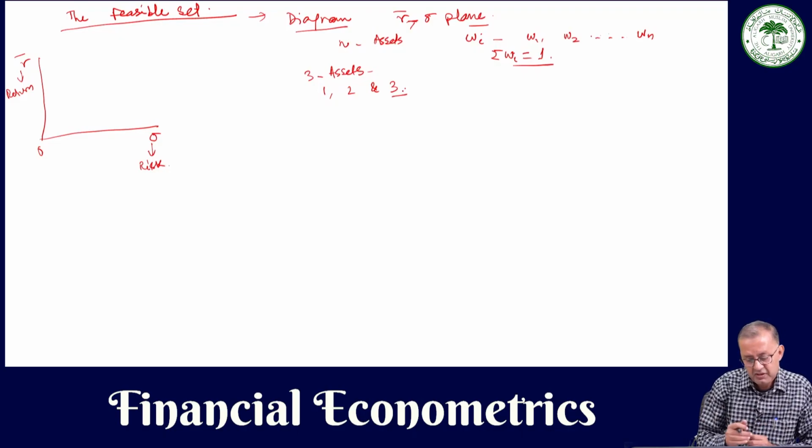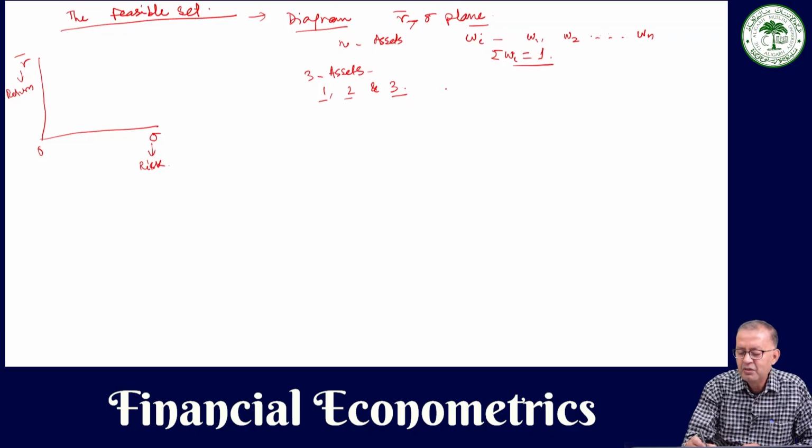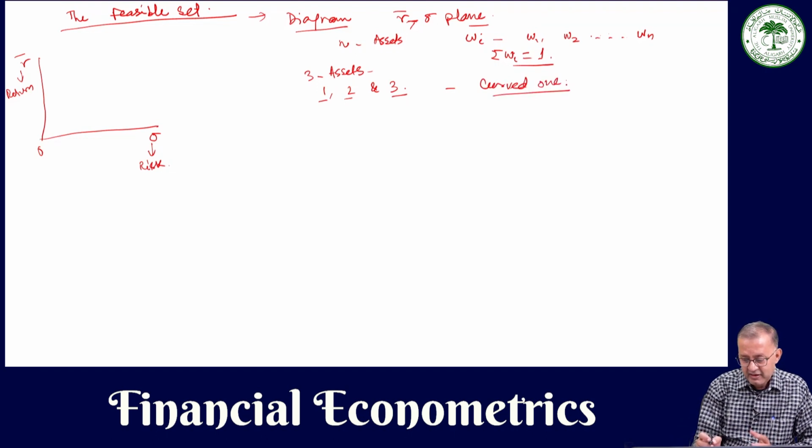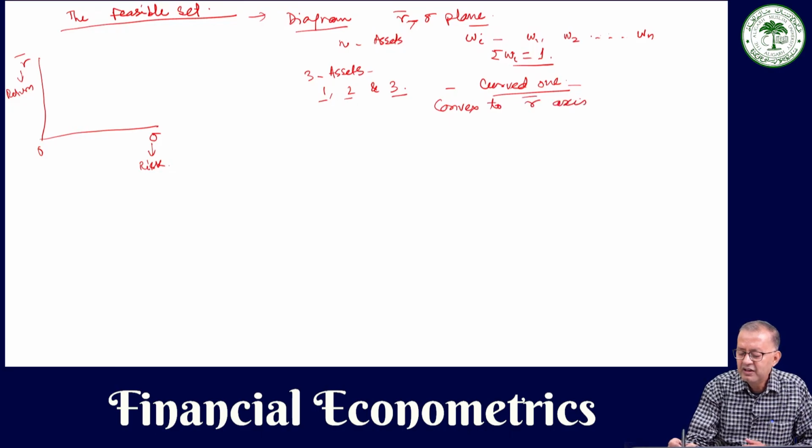In the last class, we had already talked about that if the assets are correlated, like 1 and 2 are correlated, or 1 and 3 are correlated, or 2 and 3 are correlated, the path will not be a straight line, rather the path will be a curved one inside a triangle, and that will be convex to the mean rate of return axis.